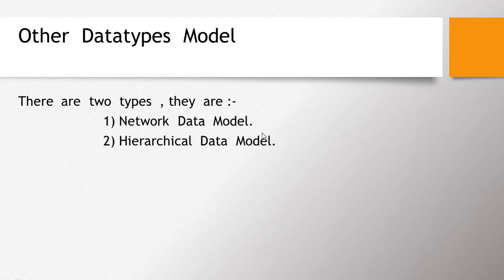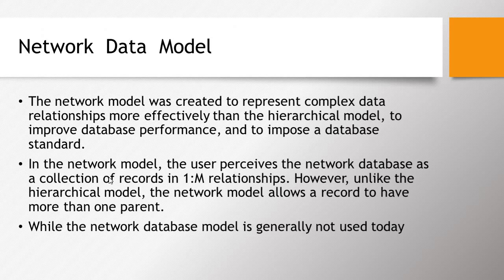And other database models, it contains the network data model and hierarchical data model. These are the two models of other data models. So first one is network data model. This network data model was created to represent complex data relationships. Nowadays this network data model is not used in many industries, because more efficient models are introduced.